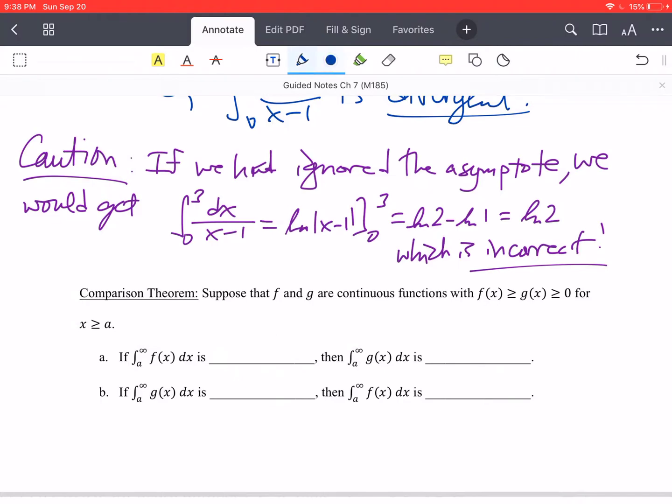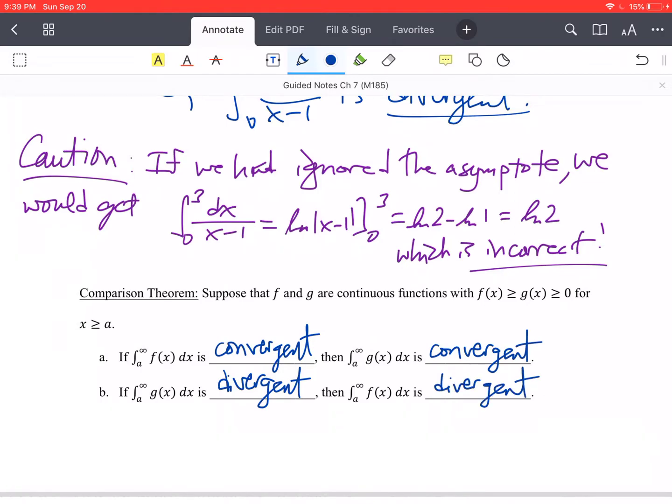If the integral from a to infinity of f of x is convergent, then the integral from a to infinity of g of x is also convergent. And if the integral of g is divergent, then the integral of f must also be divergent.